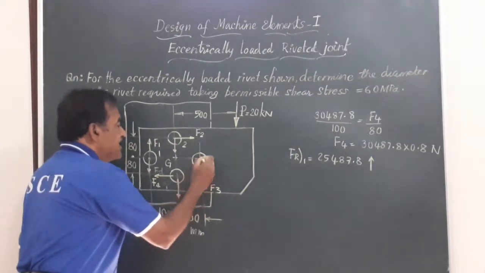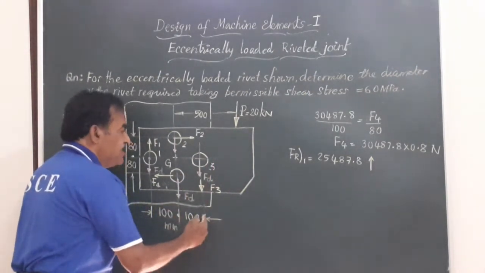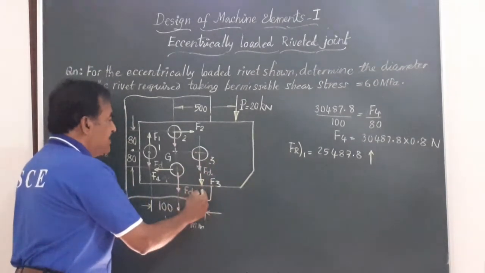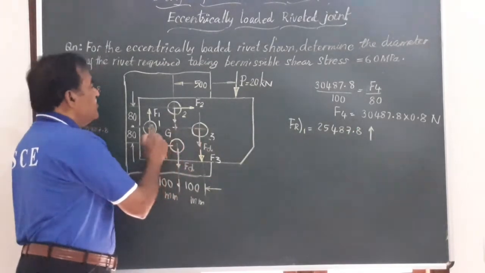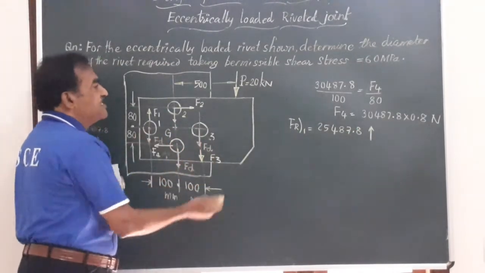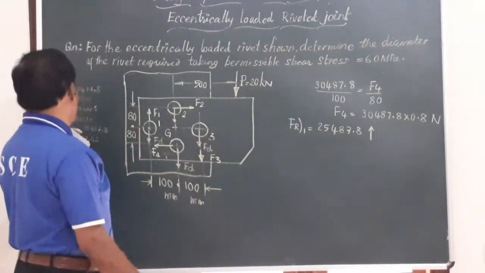Next, coming to rivet number 3, the direct load 5000 is acting downward, and the secondary load F3 is also acting downward. Since L3 is equal to L1, F3 is equal to F1, and we have already got the value.